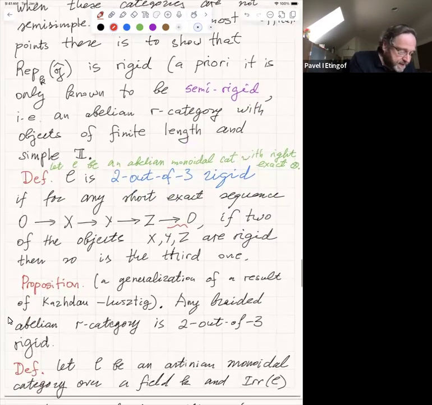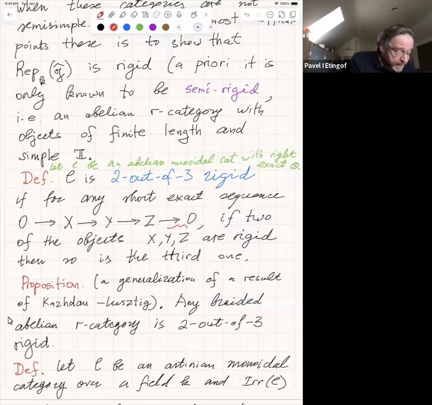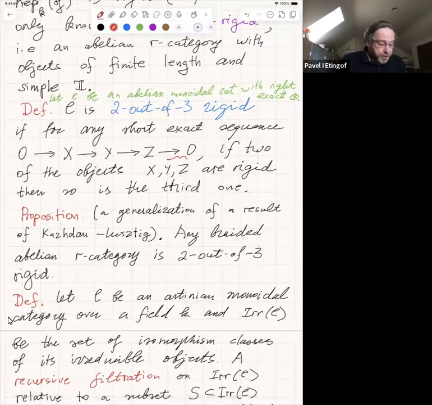So a slight generalization of a result from the same paper of Kazhdan and Lustig is that every braided abelian R category is 2 out of 3 rigid. So that's a general property of such categories. And then I also need the notion of recursive filtration.